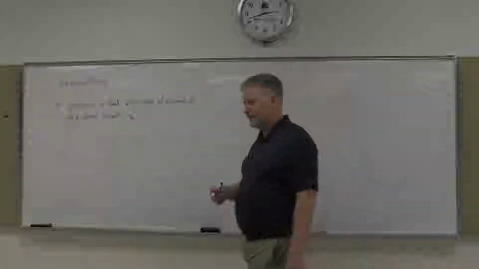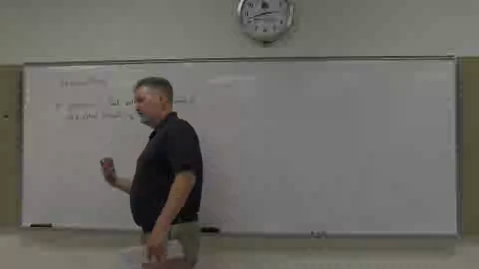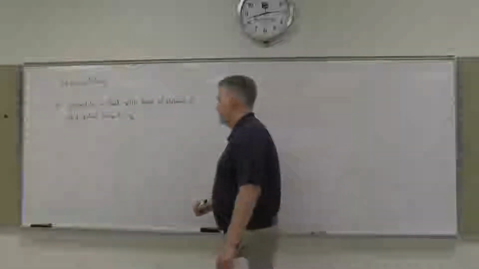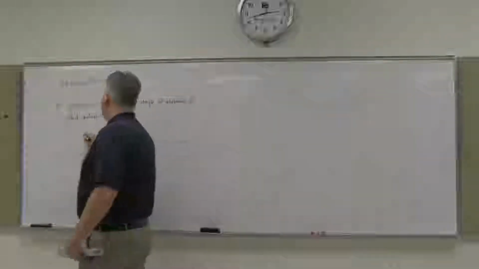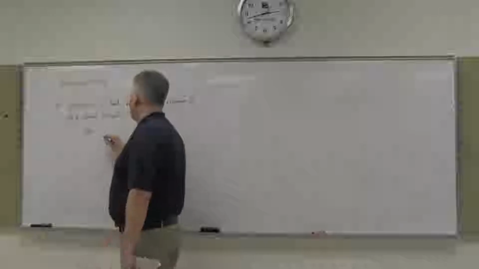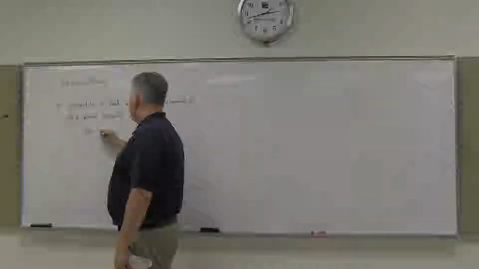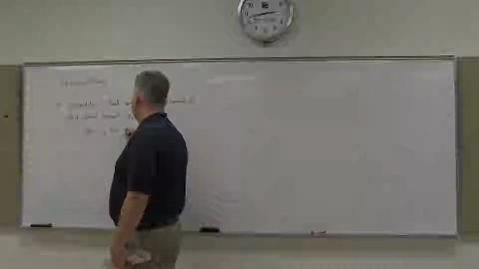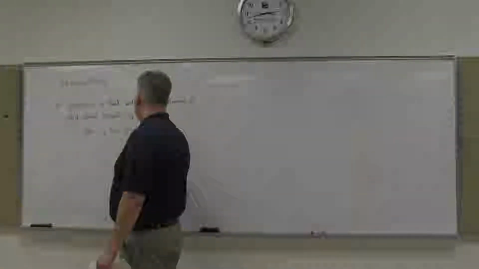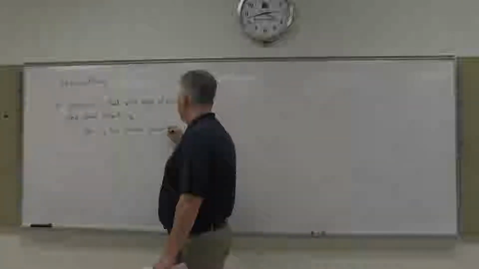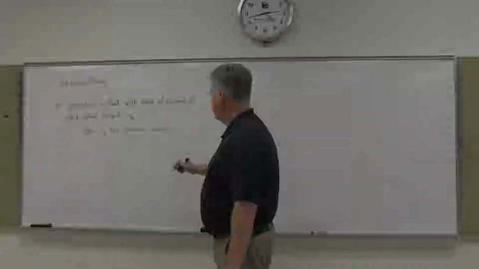So the question is, first of all, can we figure out the position function of such a thing? And then we'll maybe even narrow it down a little more. So what is the position function for our projectile?